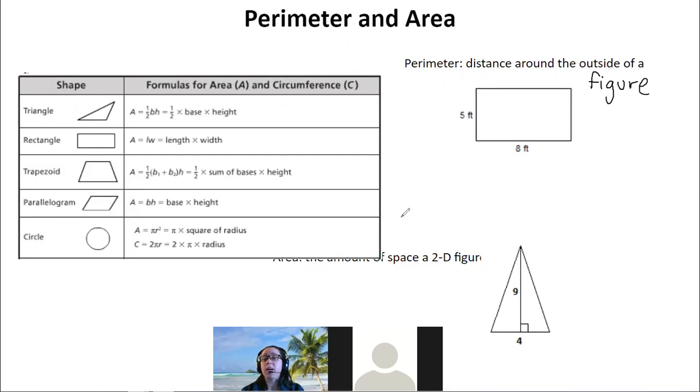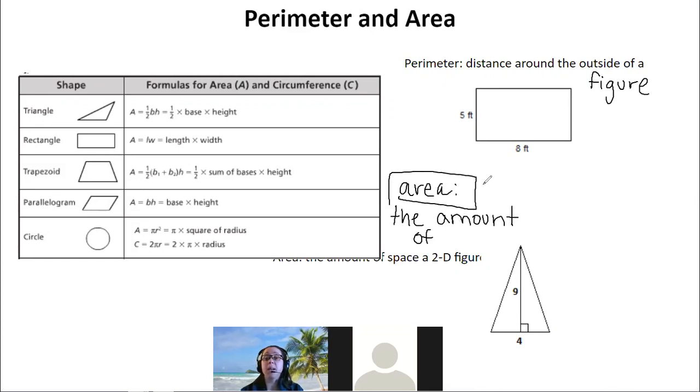And area is the amount of space in a 2D figure. That's area. It's the same thing for circles, any figure, but if we're talking about a circle, instead of perimeter they use the word circumference.